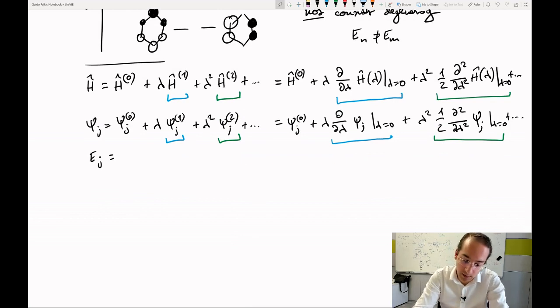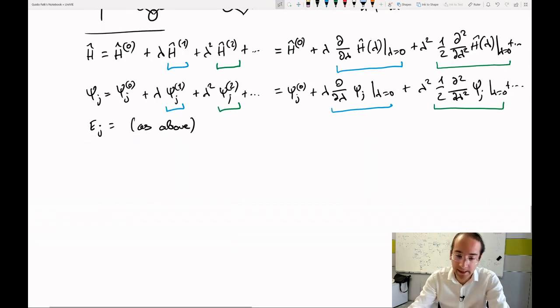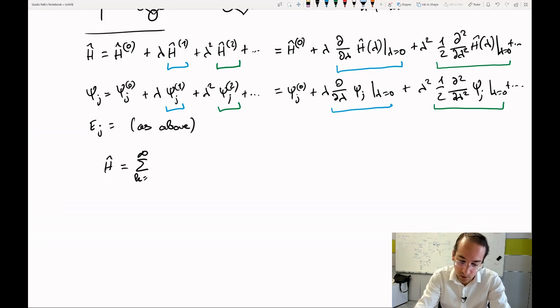Okay, so this is as above. Now, more compactly, this can be written as a series expression. So the Hamiltonian of my target system is the sum of k from 0 to infinity.